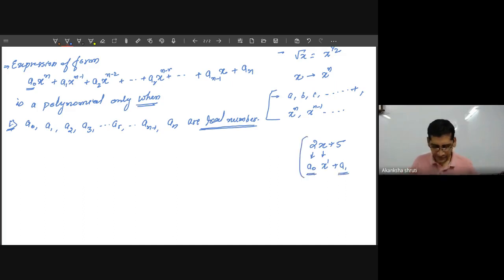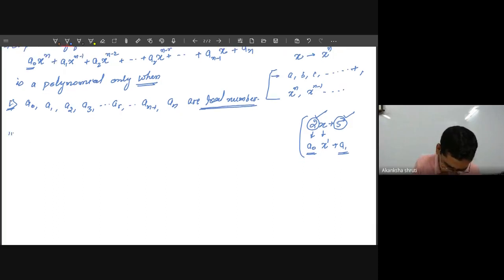So here a0, a1, a2, a3, these are the real numbers. These things we have learned. A mathematical expression correlates real numbers with variables and their operators. So the condition is that these numbers should be real. Again we will see.